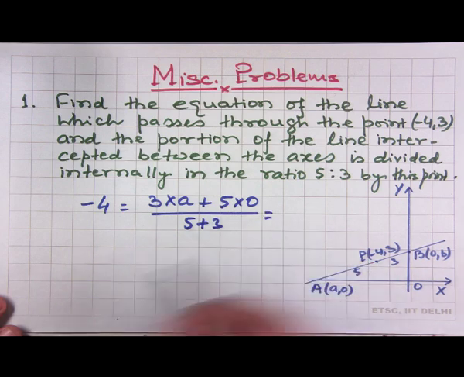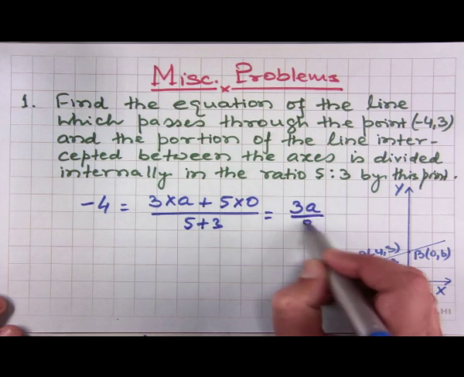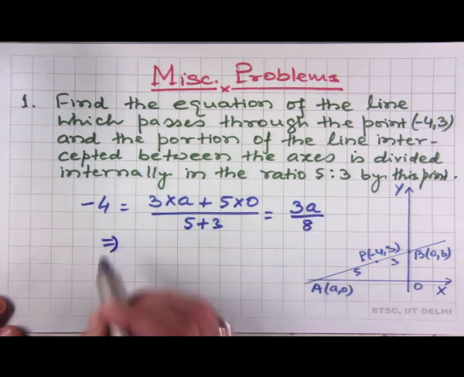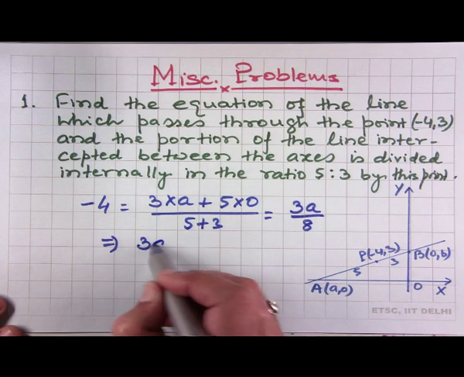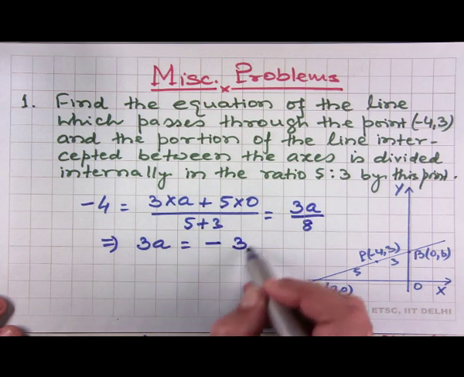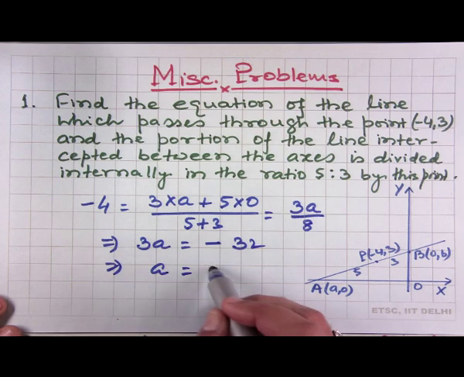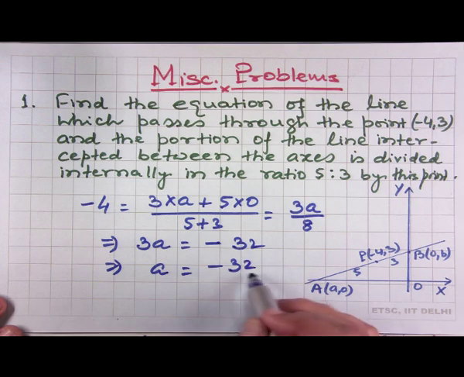So this is 3A by 8. So this implies 3A is equal to -32. This implies A is equal to -32 by 3.